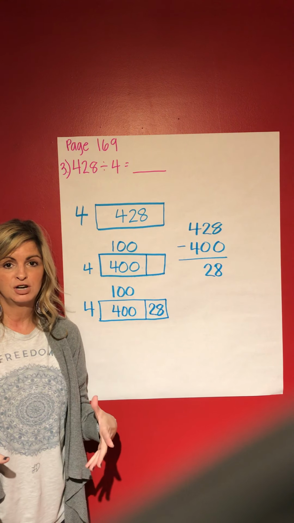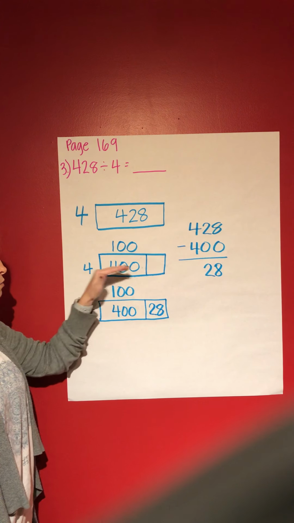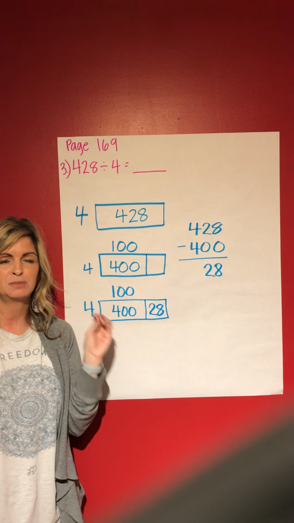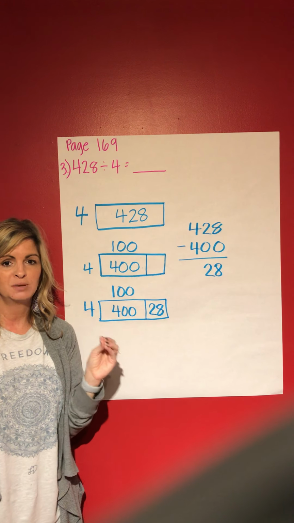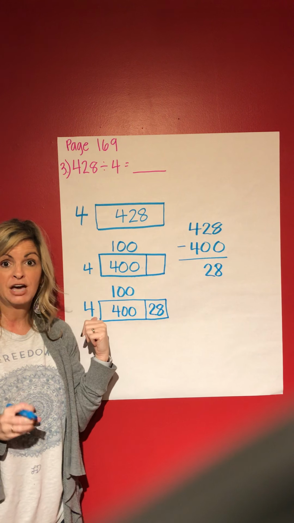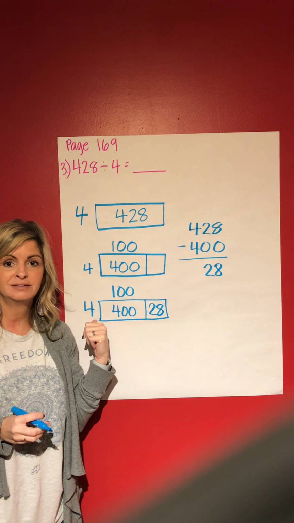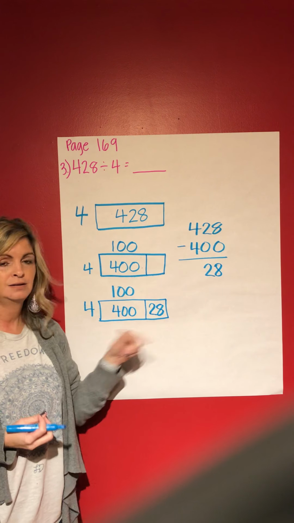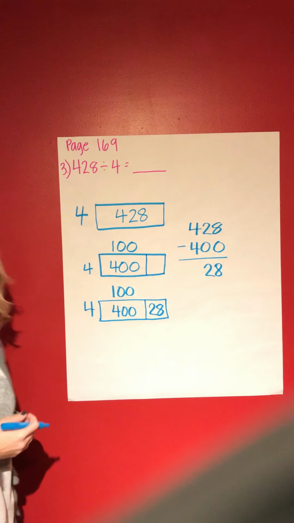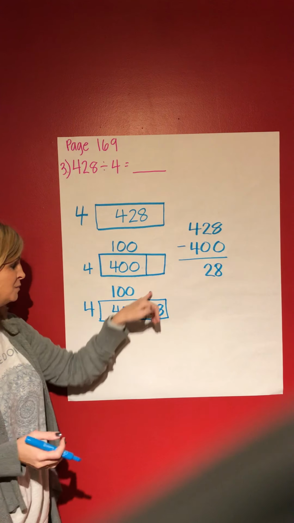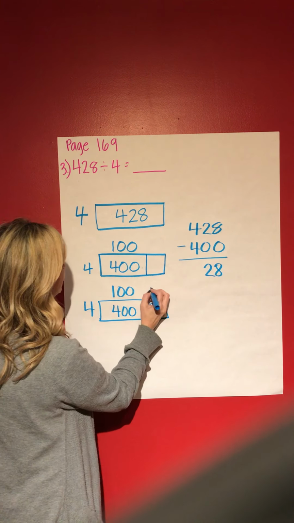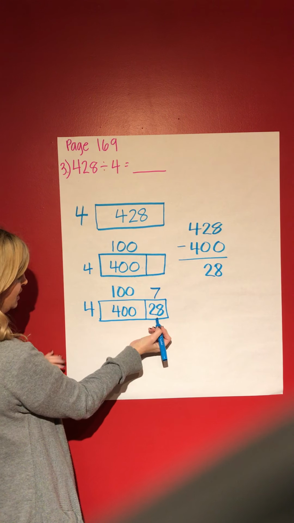And some of you may have already noticed that. You may have said, oh, I can break 428 into 400 and 28, and those are both really easy numbers for me to work with the factor 4, because I know what I need to multiply 4 times to get 28. So do you know what number I am missing here? I hope you said 7, because 7 times 4 is 28.